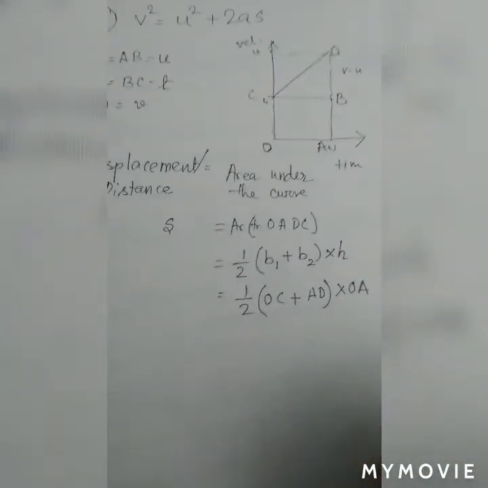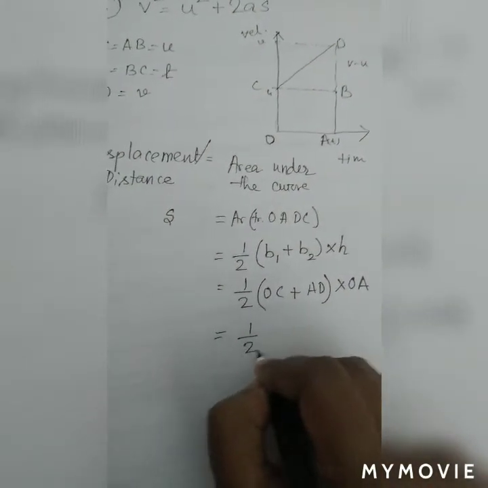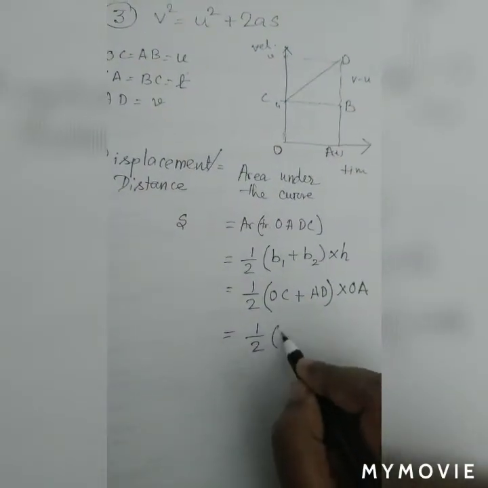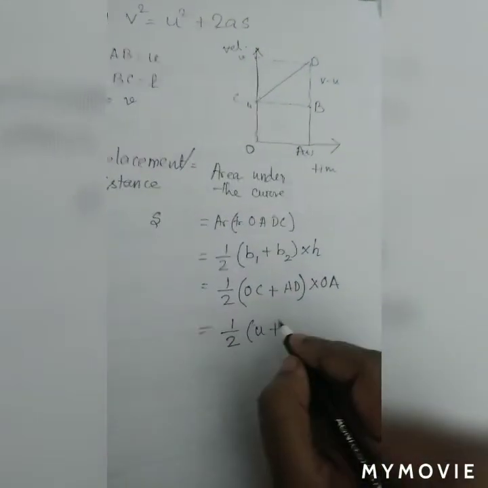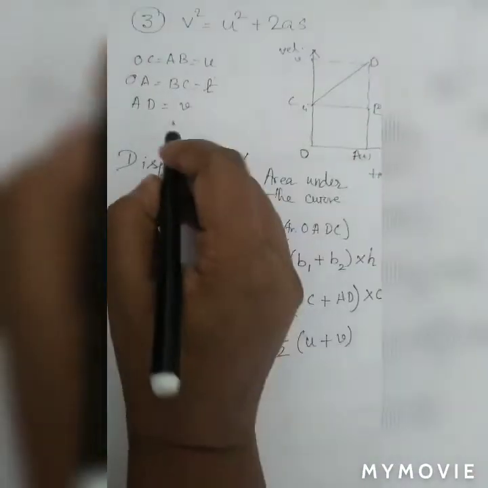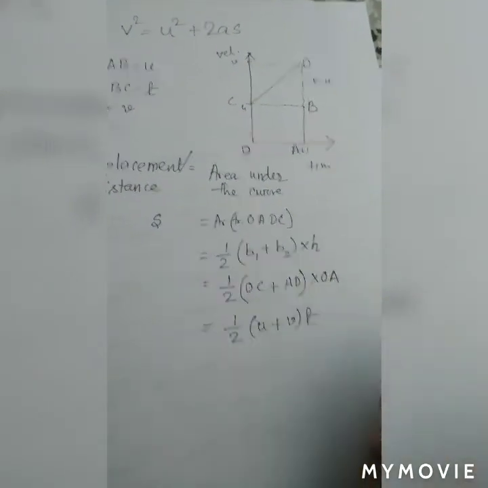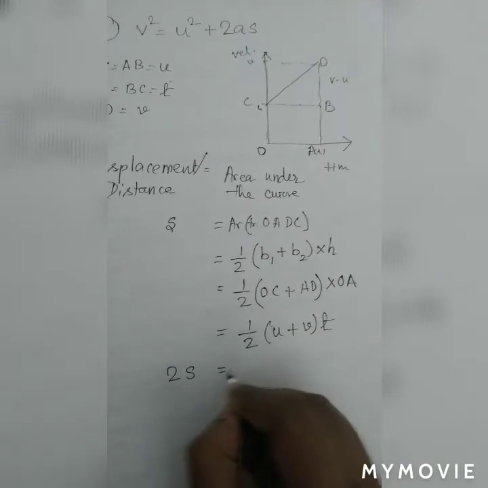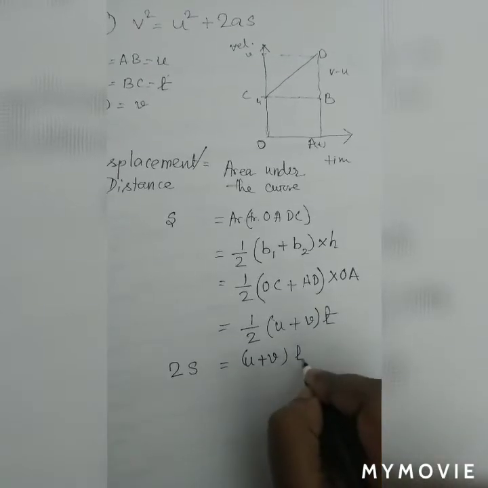Now that is equal to half of OC, which is U, plus AD, which is V, into OA, which is T. Fine. So I can write 2S is equal to (U plus V) into T.